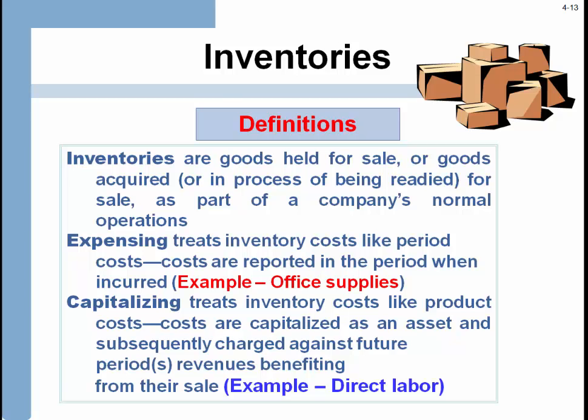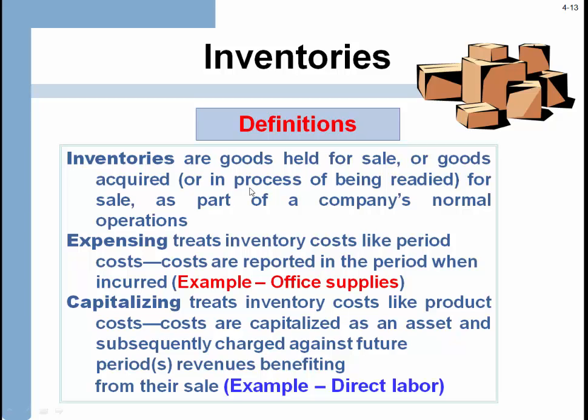You have raw materials, which, if you're a candy maker, might be milk, cocoa, the wrappers, the boxes you're going to ship them in, the bags. That's all raw materials. And then finished goods would be the product, maybe in a big box that's going to ship off to the merchandiser to sell. And these costs are inventoriable as they produce the product.